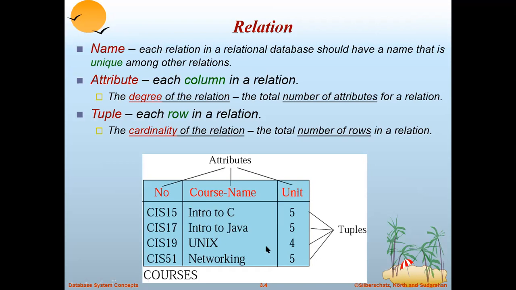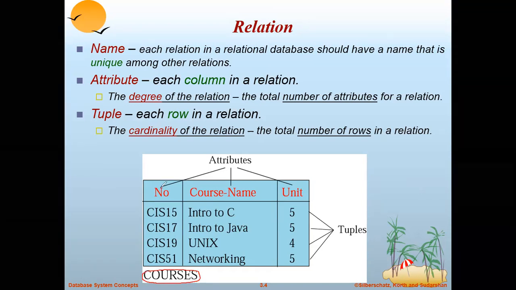The table is courses. This is the name of the table. These are the attribute names: number, course name, and unit. So there are one, two, three attributes, three columns. It means the degree of the relation courses is 3.